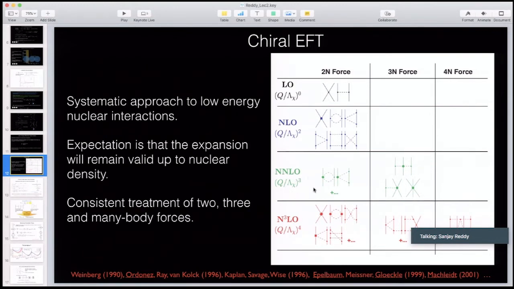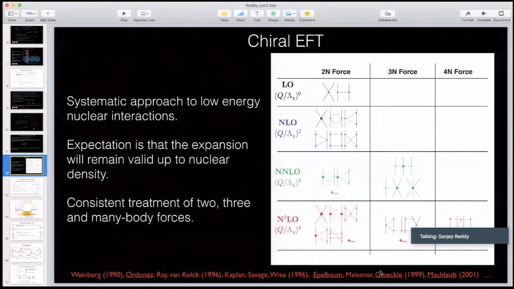One interesting thing you can notice is that when you go to NNLO, the next to next to leading order in this expansion in Q over lambda, you see that there are 3 body forces that arise in the theory. This is a very important aspect of the low energy theory, because any low energy theory of many particles will always contain many body forces.